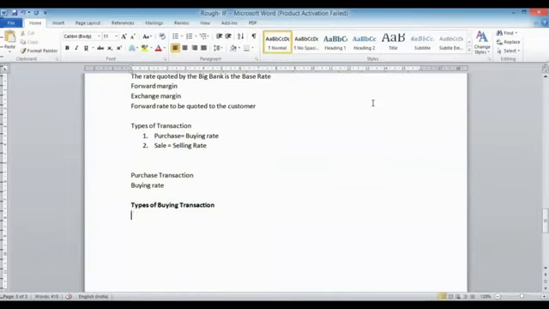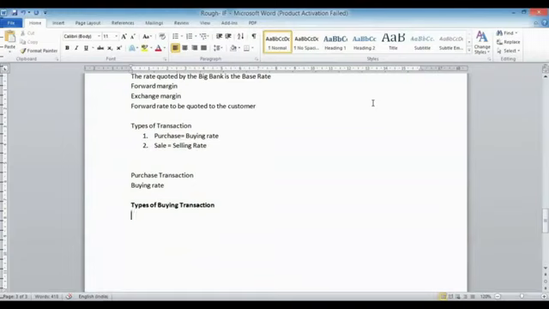See, if the transaction takes place, whether of buying or selling, in terms of cash or in terms of a currency which is highly liquid, then there is no delay in that type of transaction.